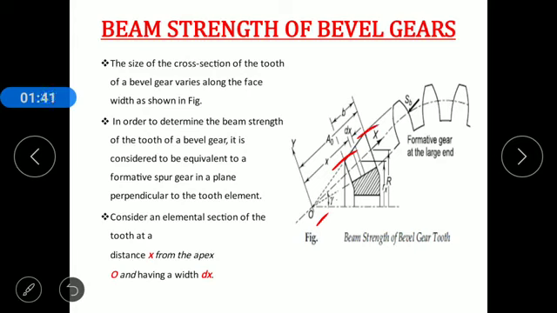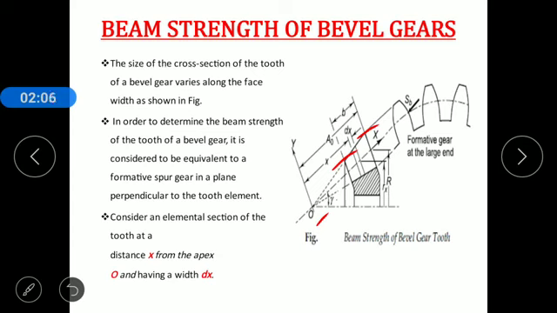Okay, everyone observe this sketch carefully. O is the apex point of the pitch cone, gamma is the pitch angle, R is the pitch circle radius of bevel gear. Now B is the face width that is shown on the large end of the gear tooth.